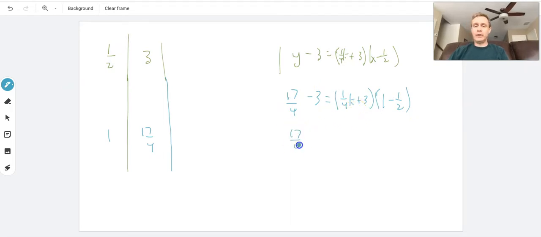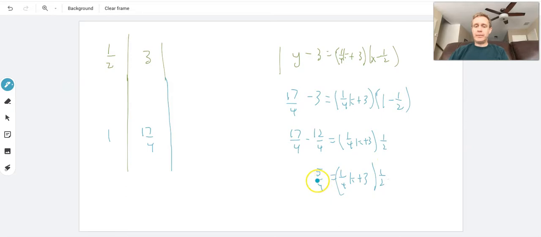While you technically have a calculator on your exam to do all this, I'm going to use my mental calculator to quickly solve this. So 1 minus 1/2 is just 1/2. This here ends up being 5/4, and this is going to equal 1/4 k plus 3 times 1/2.